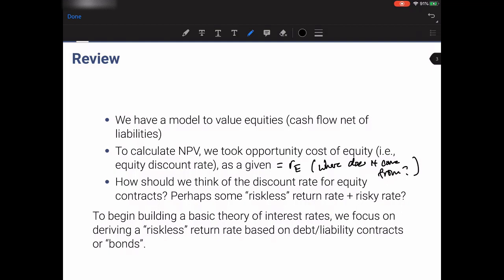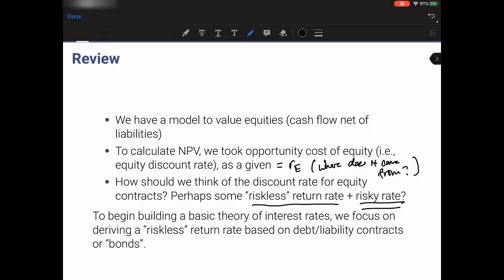So that's kind of the first framework or intuition that you should be thinking of. Okay, so where do we come up with this riskless rate? And eventually, how do we determine this additional risk that should be added on top of this riskless rate to compensate properly those equity holders, those who are looking to invest in the equities side of the firm?